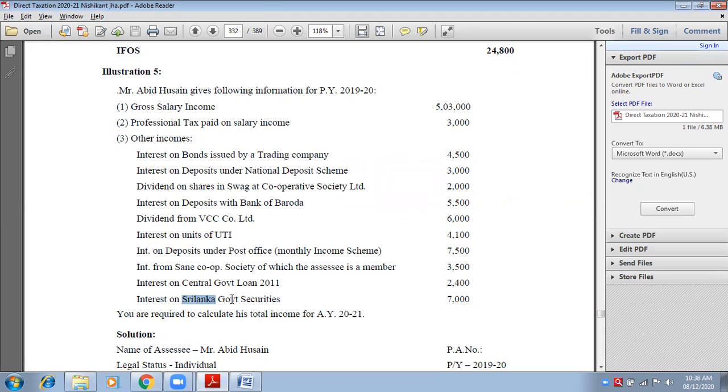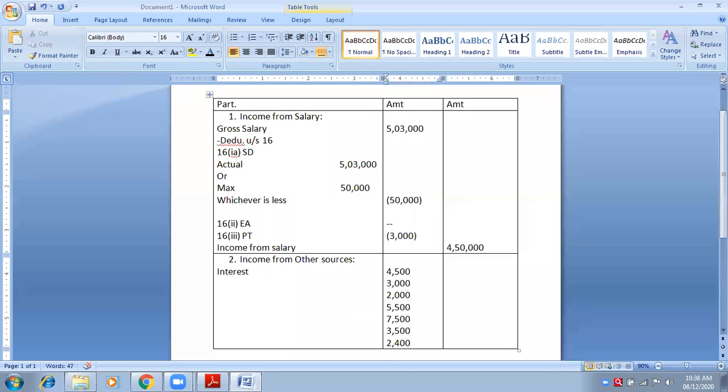Interest on Sri Lanka government securities, 7000, fully taxable. Okay. So these are all interests. I will write here interests. These are all your interests.